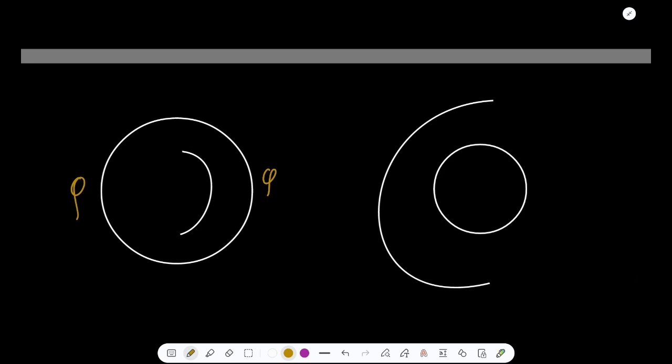It was a hemisphere earlier, like this, and now it has become a full sphere. I'm going to complete the sphere, the outer sphere. And we know that the force acting on the inner sphere will become zero.